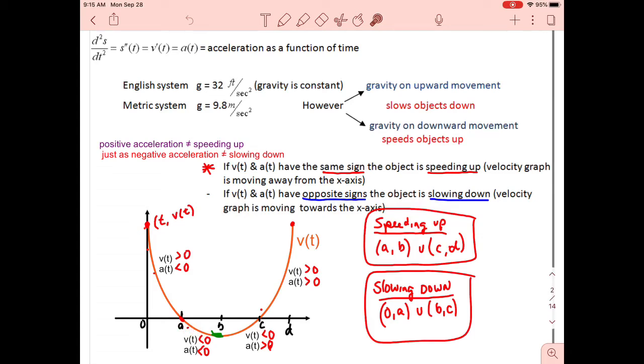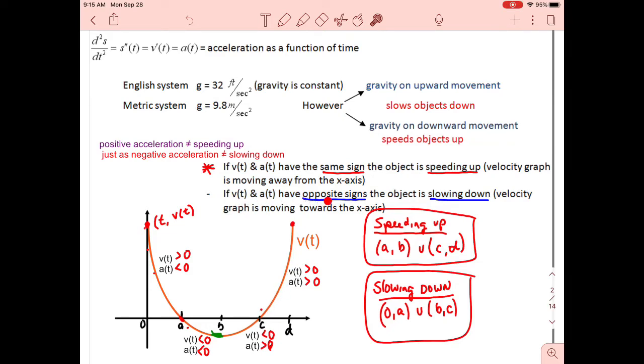And the slope is also negative. So from A to B, the object is going to be speeding up because velocity and acceleration are both negative. When they have the same sign, they're speeding up. It's also going to speed up from C to D because velocity is positive, above the x-axis, and the slopes, or acceleration, are also positive.